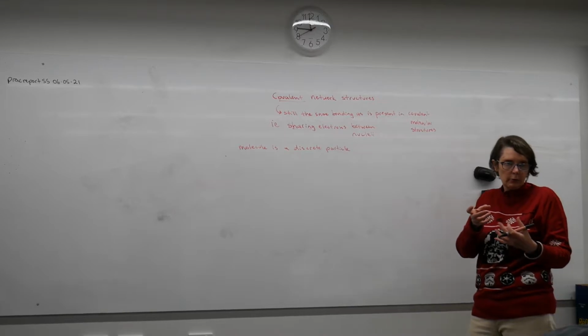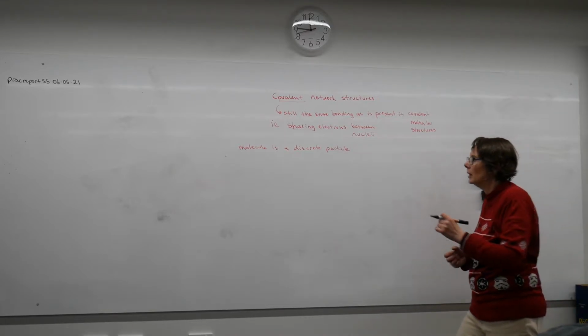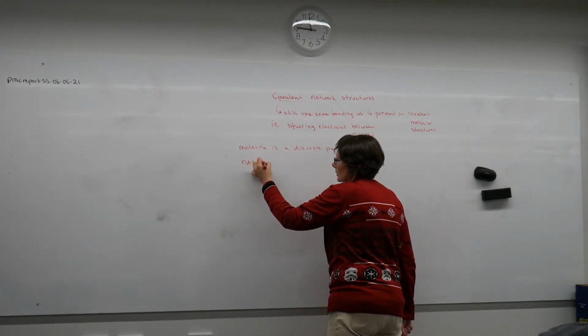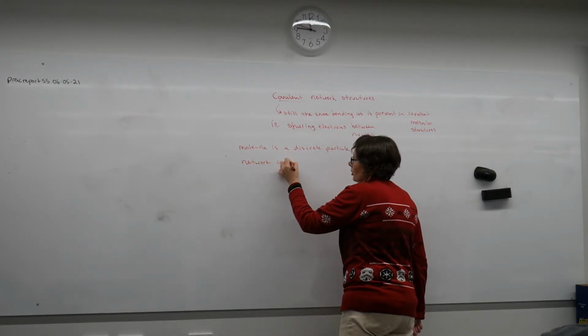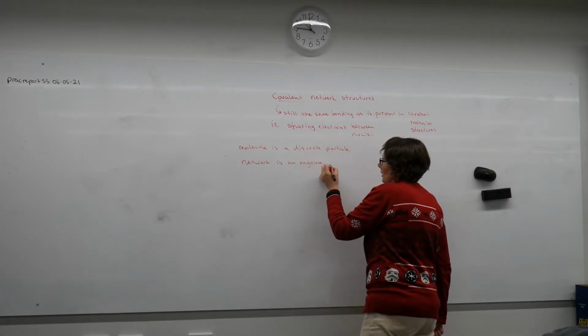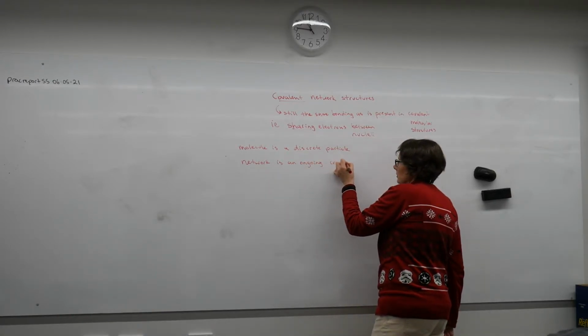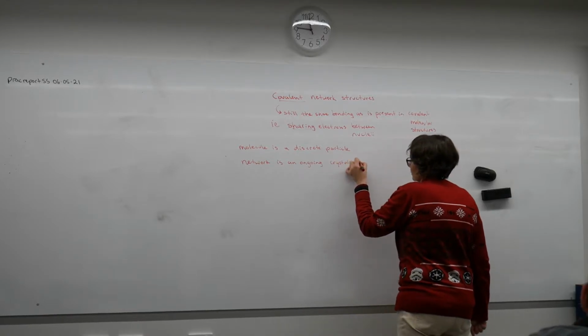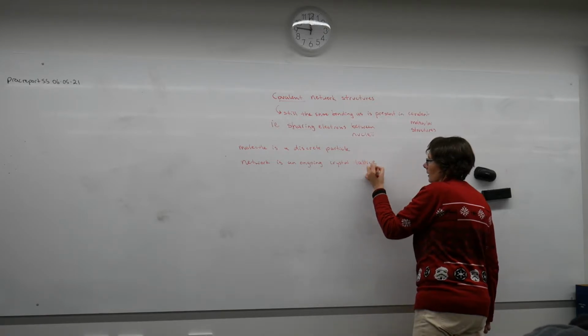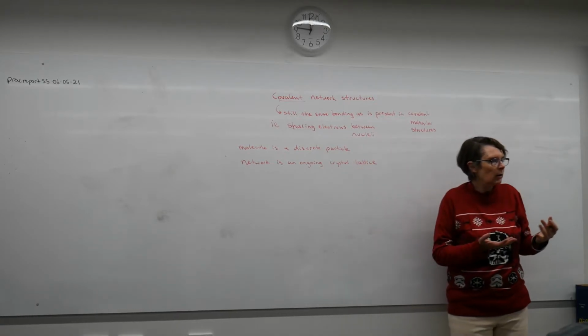They're three-dimensional structures that have a beginning and an end. But with our network structures, there is an ongoing crystal. So our network is an ongoing crystal lattice.